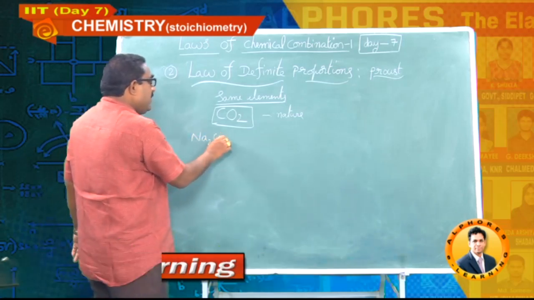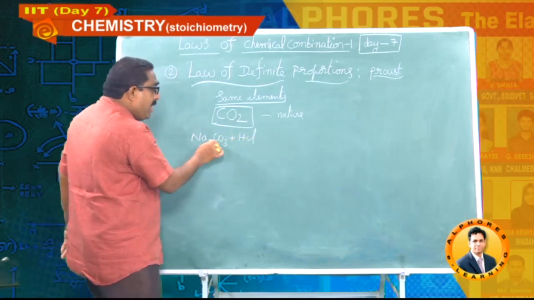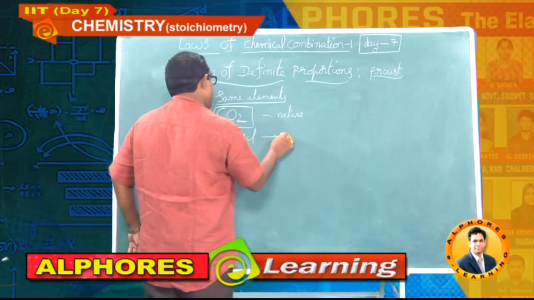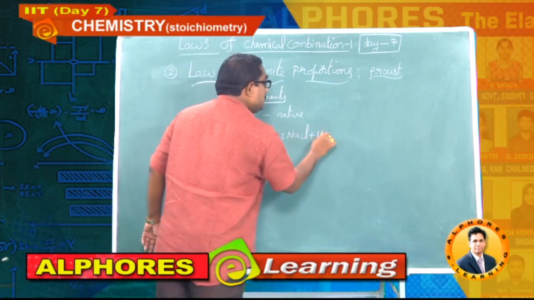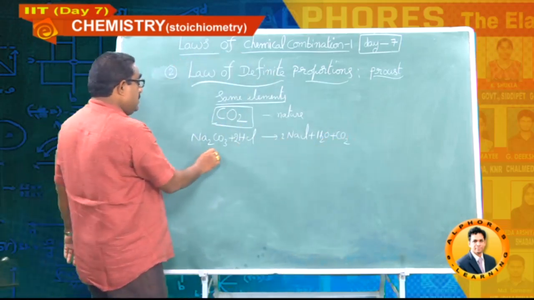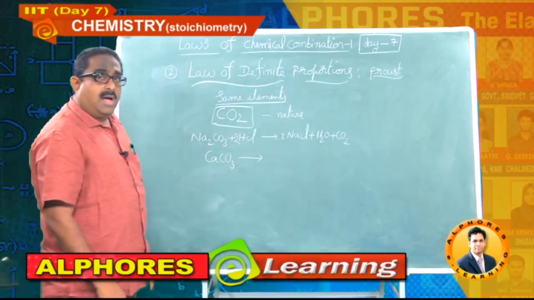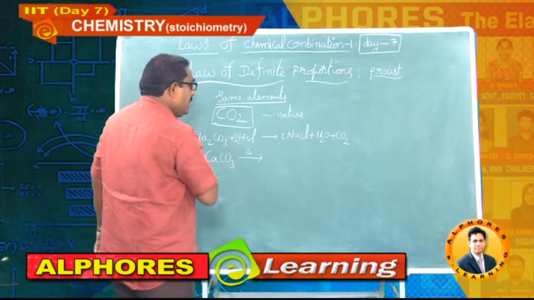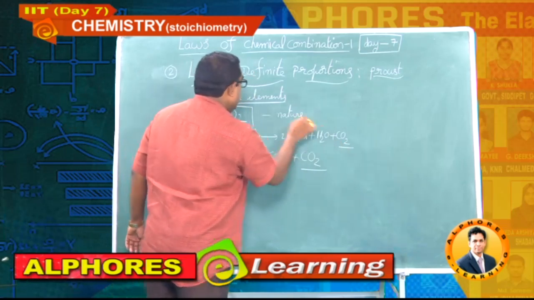or you can get it on reaction of dilute acids with active metal carbonates like sodium carbonate. Write down, students. Or you can also get it by the decomposition of alkaline earth metal carbonates, for example calcium carbonate, which on heating decomposes to give calcium oxide and carbon dioxide.